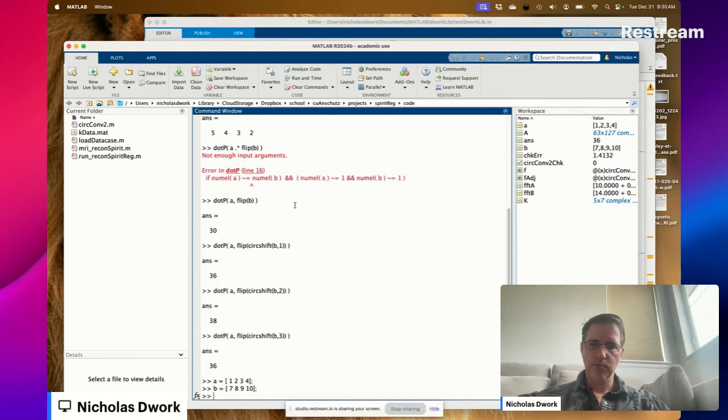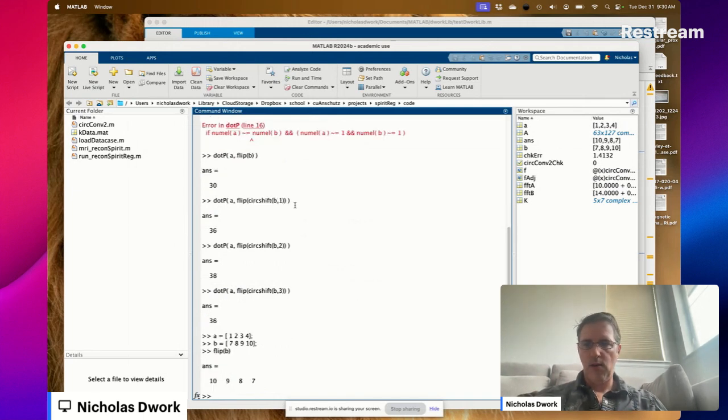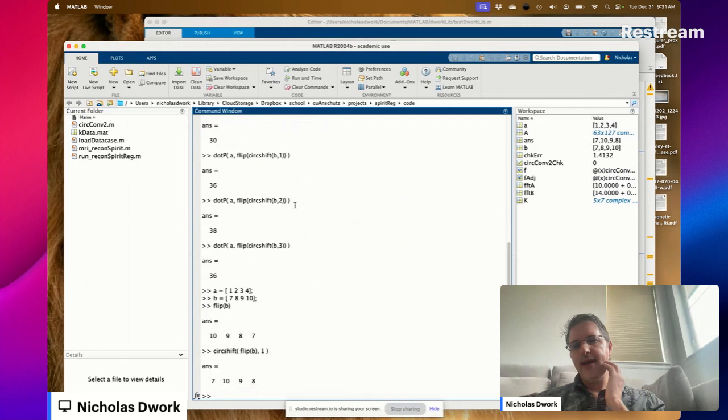Okay. If I flip B, 7 should end up in the same spot. That's the flip of B, if the origin's at the center. What if the origin is here?